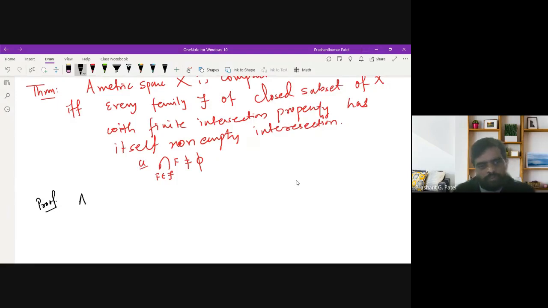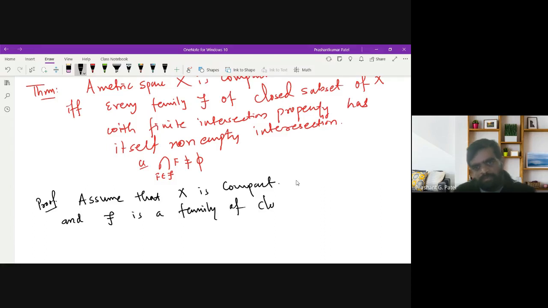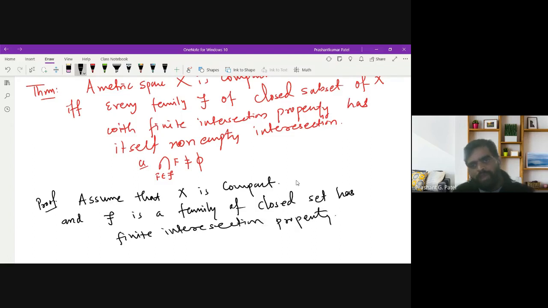Let us assume first that X is compact, and script F is a family of closed sets that has the finite intersection property. This is what we have assumed.